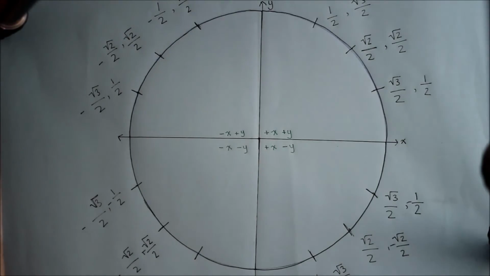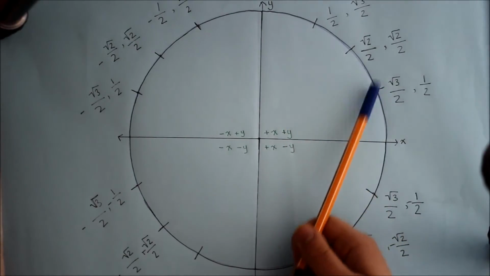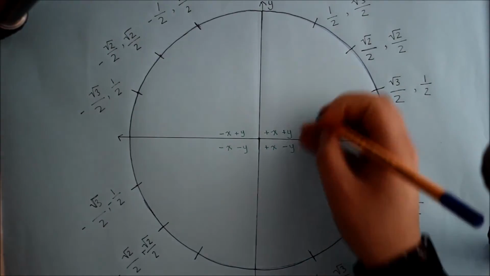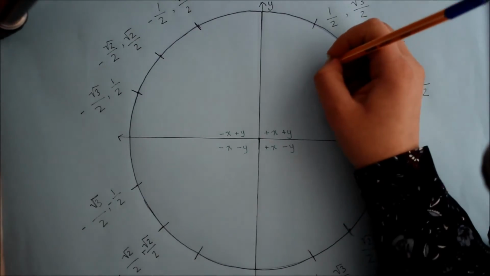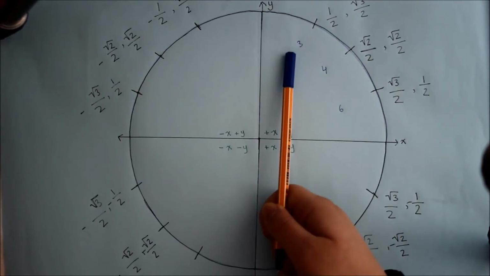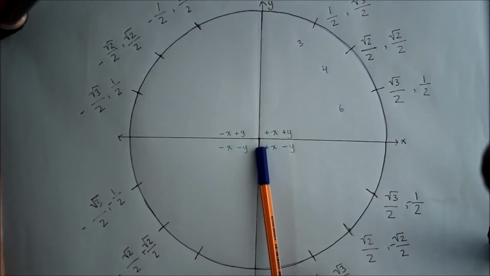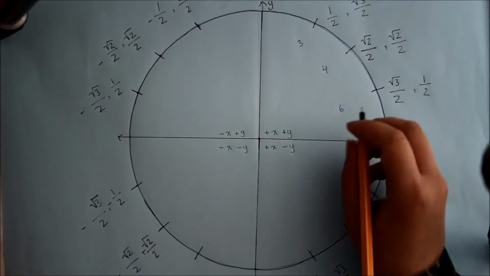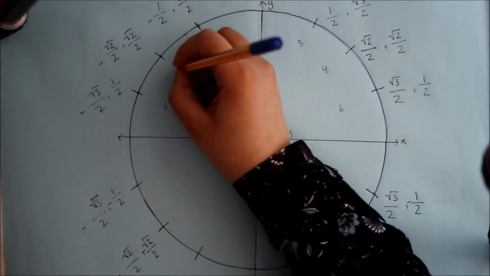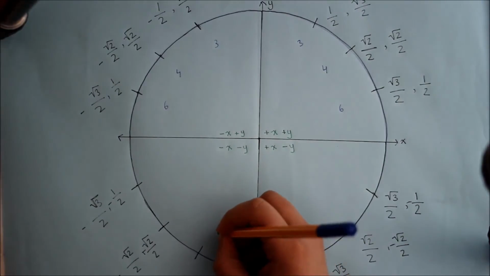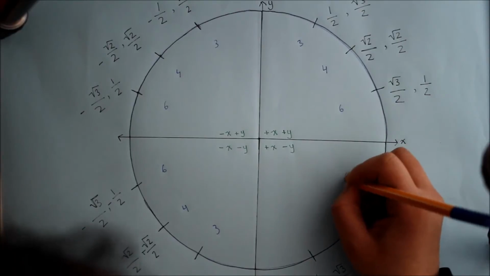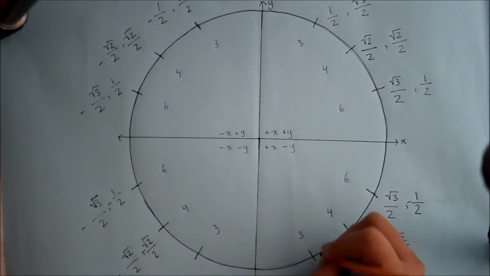Okay, so just like we have 3, 2, 1, 3, 2, 1, we have 6, 4, 3. 6 starting from here. 6 is closest to the x axis, and 3 is closest to the y axis. Okay, so just like on this side, we also have 6, 4, 3 on this side. The same on this. 6, 4, 3. 6, 4, 3. Alright?